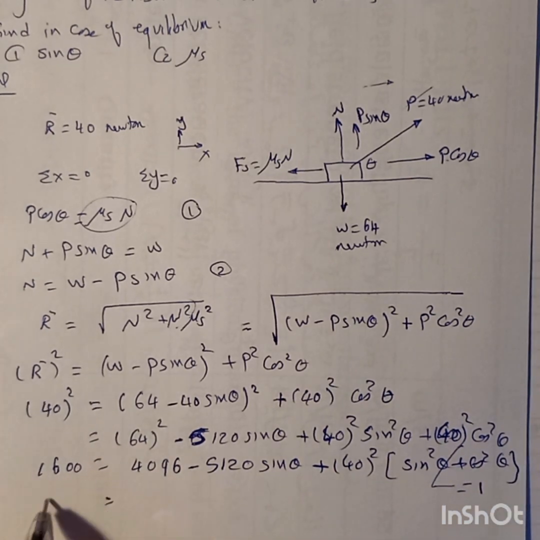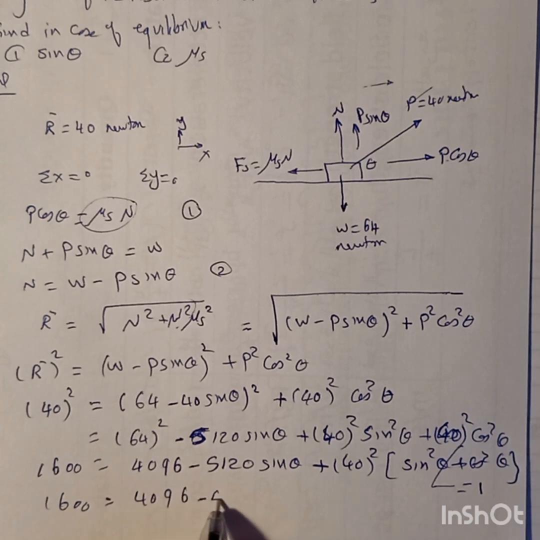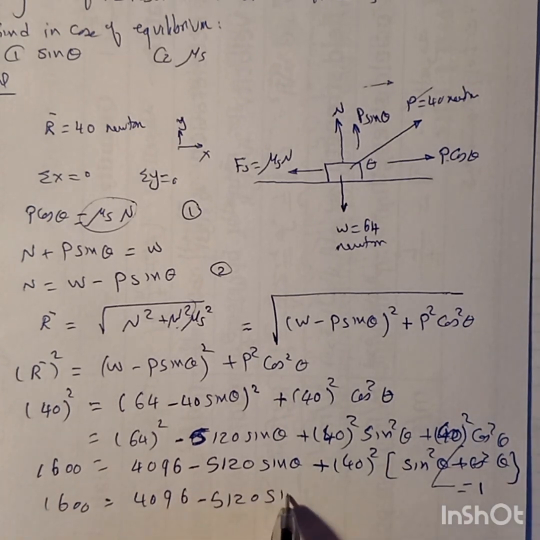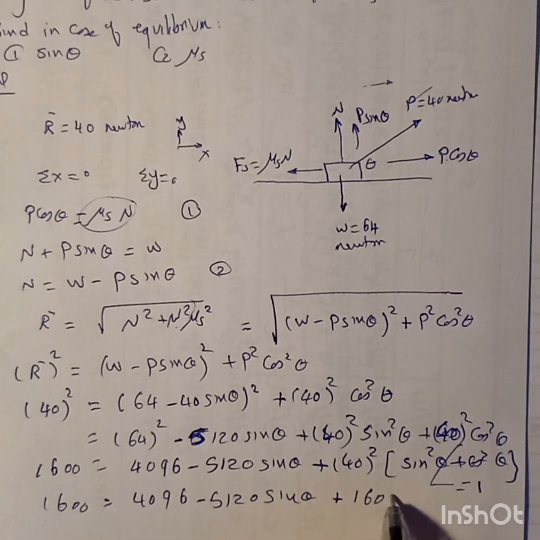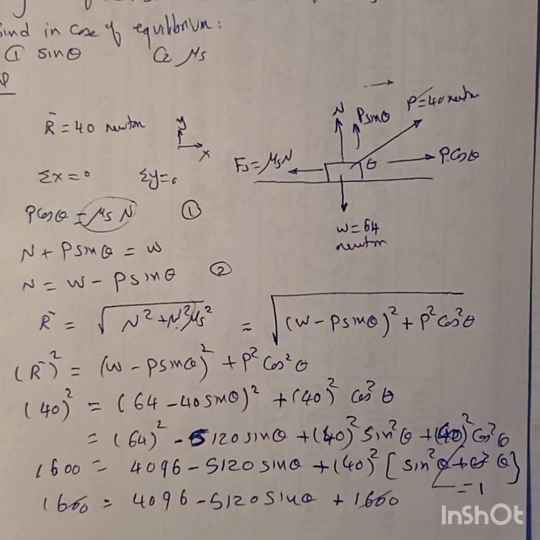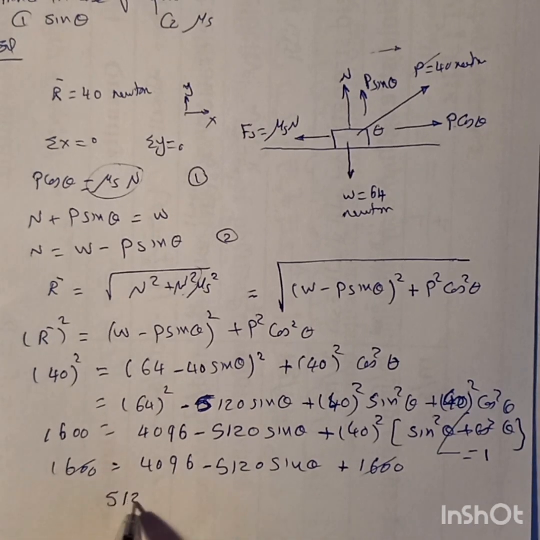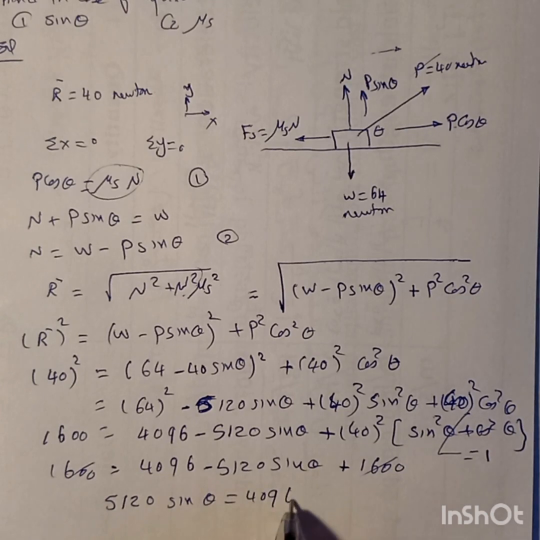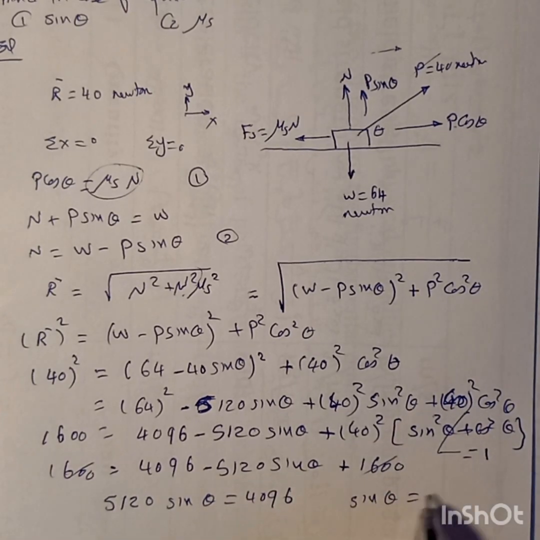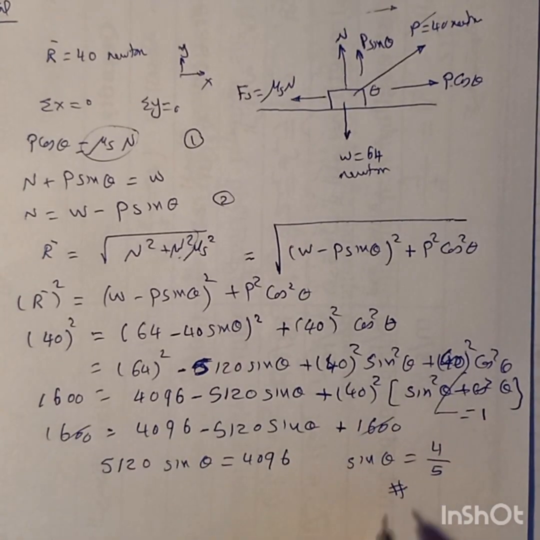Then finally 1600 equals 4096 minus 5120 sine theta plus 1600. We can remove this with this. Then we have 5120 sine theta equals 4096. Then sine theta equals 4/5, and this is the required number 1.